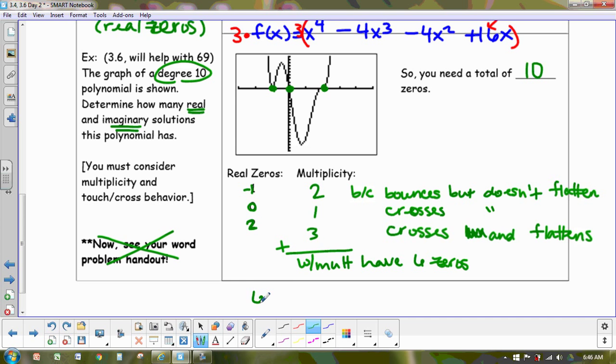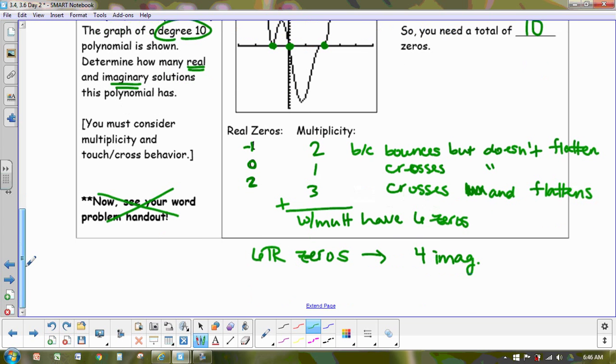So if there are 6 real zeros, and there are 10 total, then that means there are 4 imaginary or complex zeros to make the 10. So let's see about answering their question. How many real and how many imaginary solutions? 6 real solutions, 4 imaginary solutions.